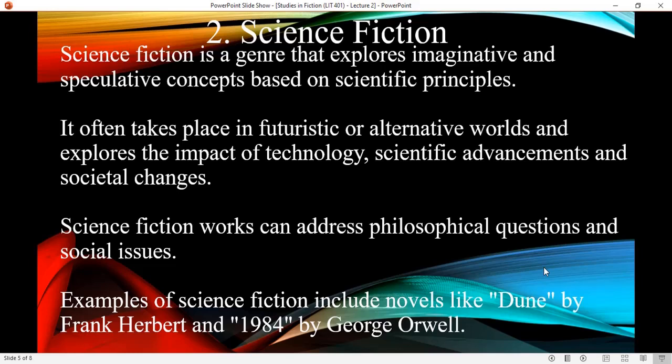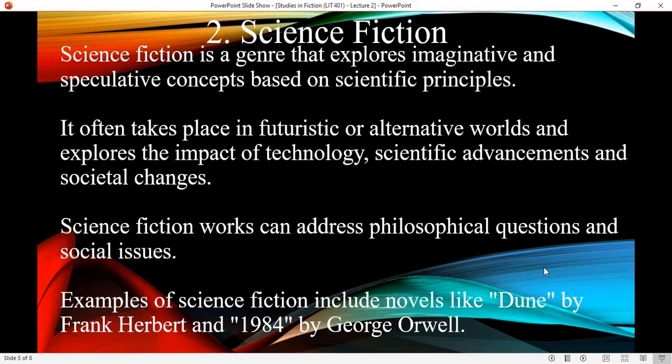So through science fiction, the author is trying to foretell, to look into the future of science, new developments, innovations that are likely to come up in the nearest future, particularly in the aspect of technology, scientific advancement, and social changes.